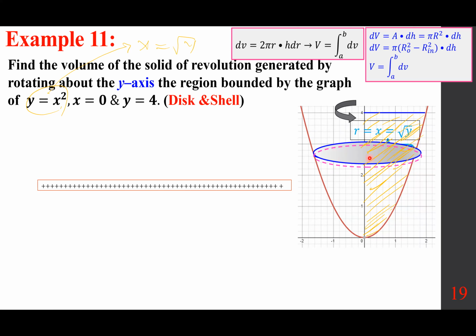This disk has this radius of x, the x coordinate, and it has this thickness. We are going to move this up and down. This thickness dh becomes dy, and r is the x coordinate of this point, which is square root of y.